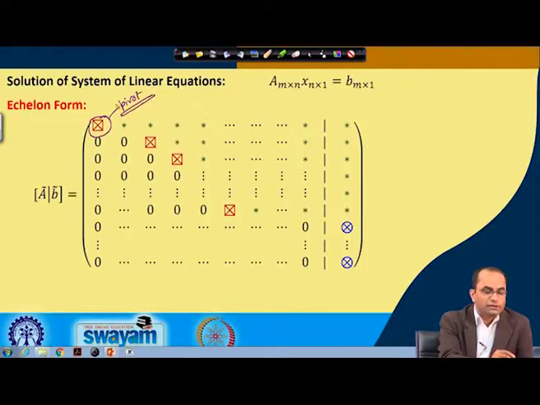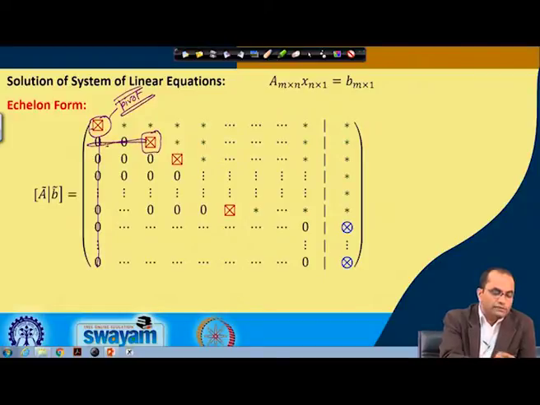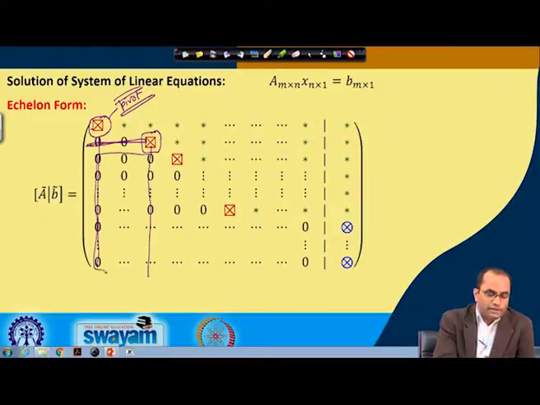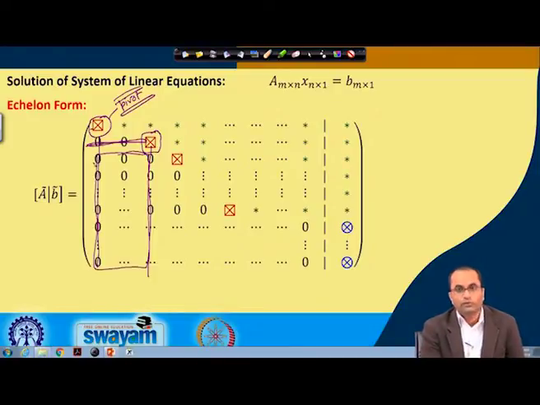This number we will call a pivot in this matrix when everything below it is 0, and the first element to the left is also 0. For instance, this one here is the pivot element because all the elements to the left are 0, and here also all the elements are 0, and in this submatrix everything is 0.